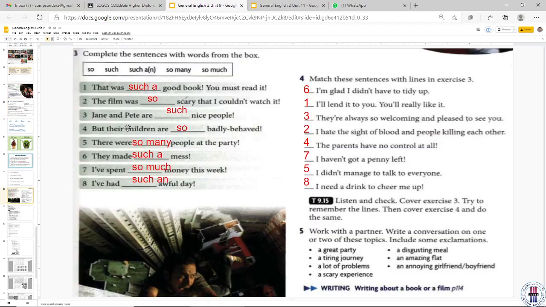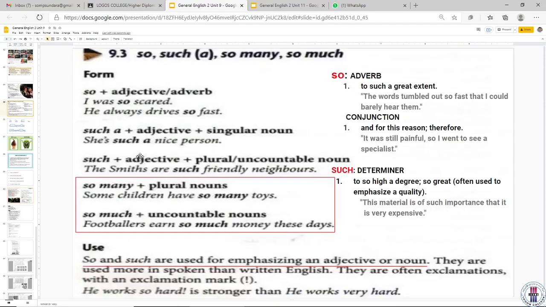Number three, Jane and Pete are such nice people. So there's two people here. So we don't use such a nice people. Go back to your rules. That's a plural noun. People is plural, so that's why we just say such, and we don't say such a, because there is more than one person.